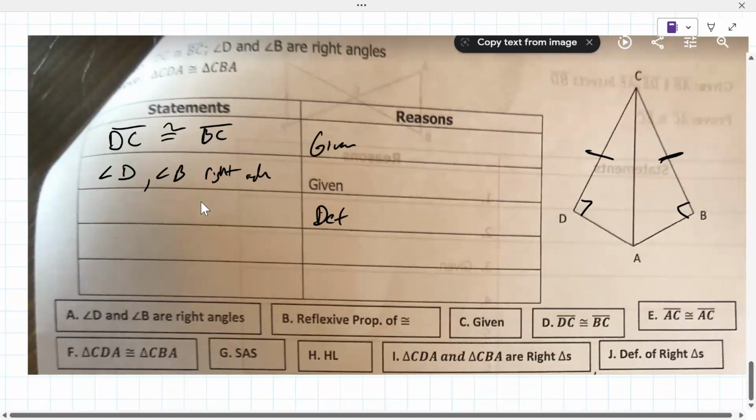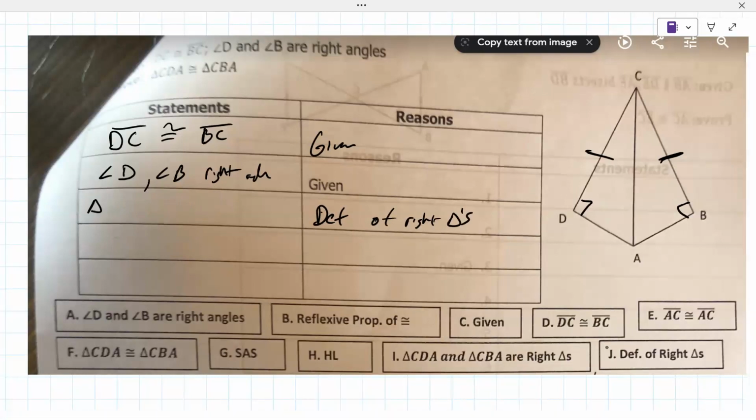Because we already used angle B and angle B are right angles. So yeah, I think your definition of right triangles is there. And then you have to say that they are right triangles. Triangle CDA, triangle CBA are right triangles.